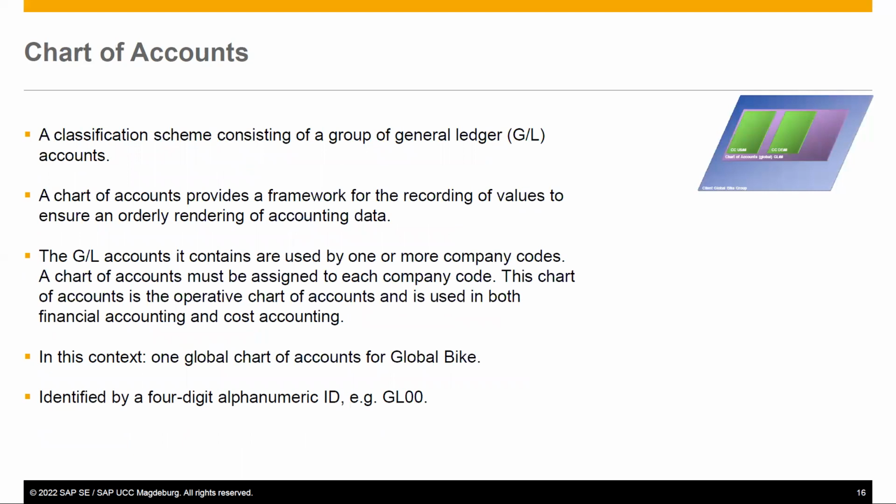We have a chart of accounts. This is another major piece of organizational data that we have to create or enter. A chart of accounts basically consists of general ledger accounts, and it helps you in organizing your accounting data.